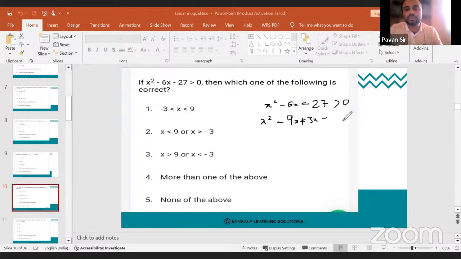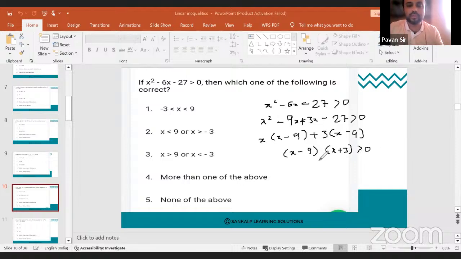So it is x into bracket x minus 9 plus 3 into bracket x minus 9. 9 is common. So (x minus 9) and (x plus 3) is greater than 0.